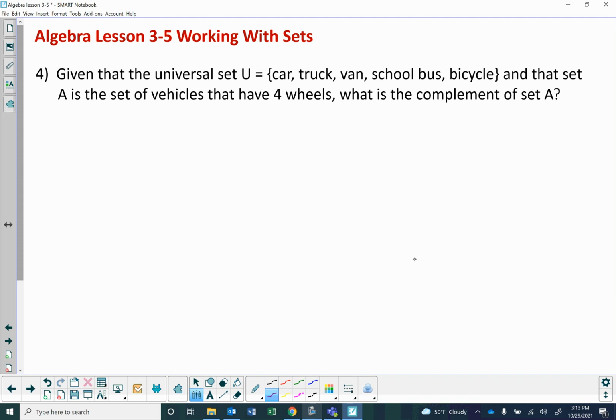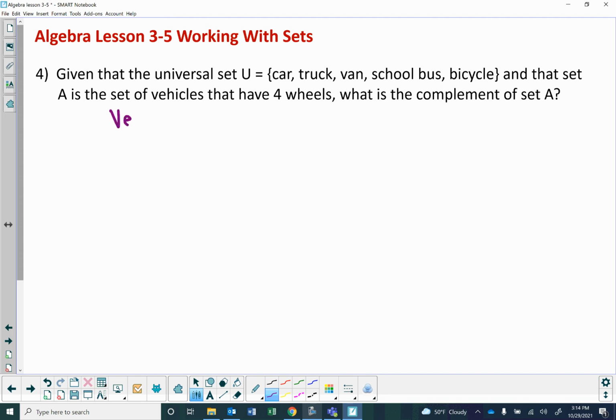It says, given that the universal set U is car, truck, van, school bus, and bicycle, and that set A is a set of vehicles that have 4 wheels, what is the complement of set A? Okay, so think about it. The complement would be vehicles that don't have 4 wheels. So we have 2 sets here.